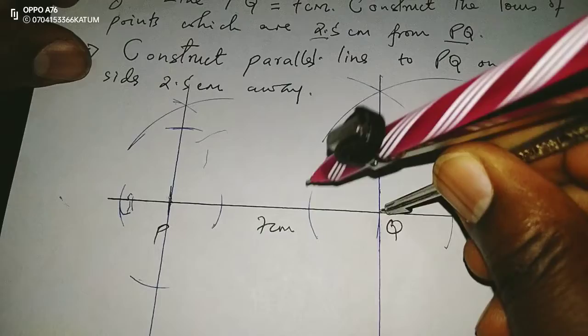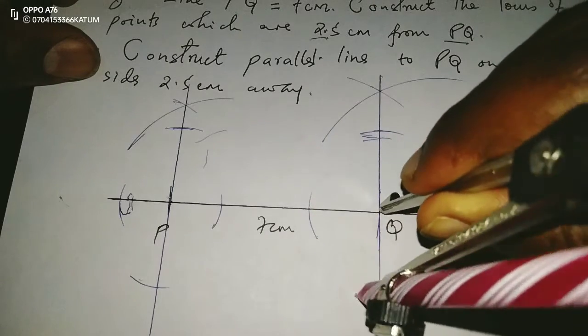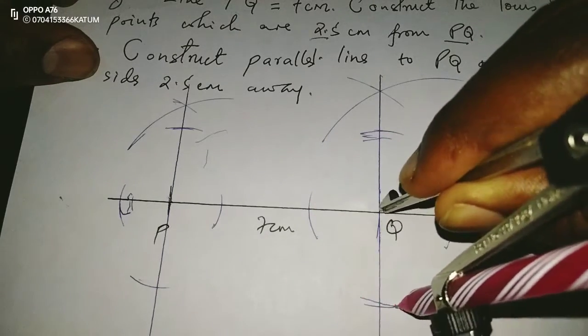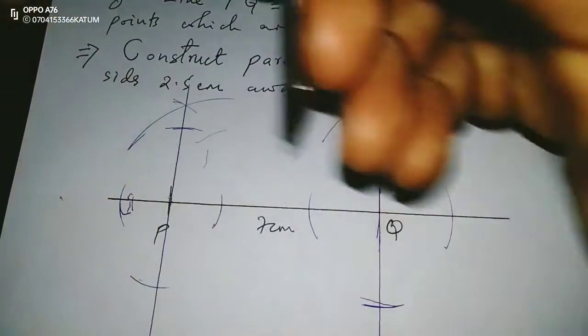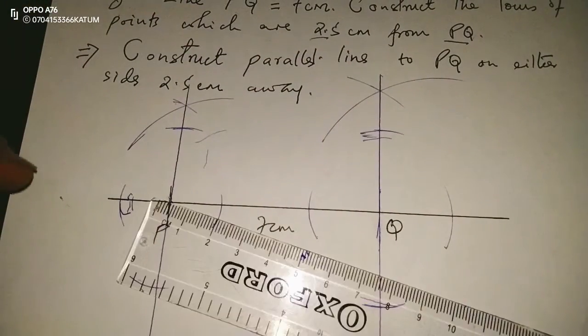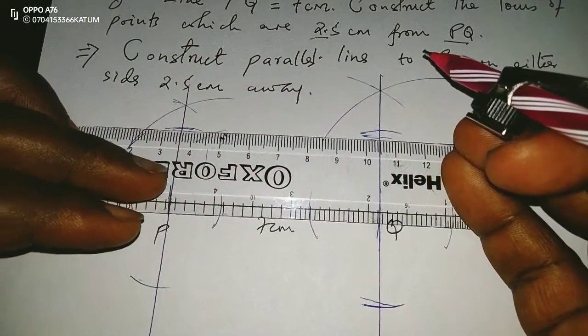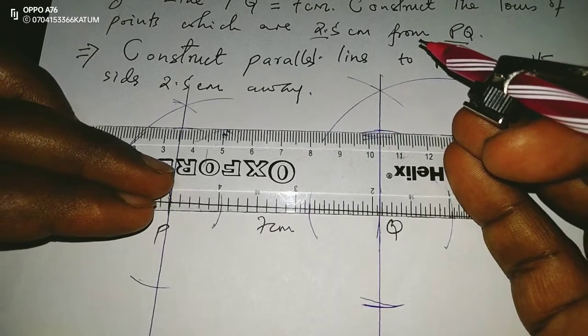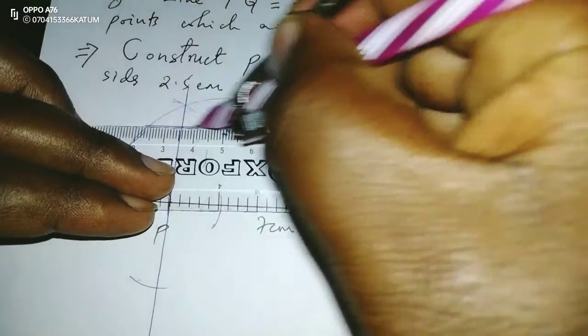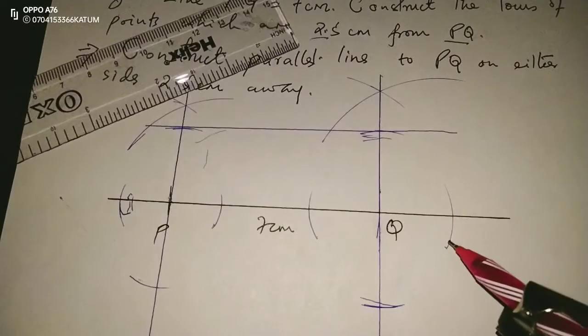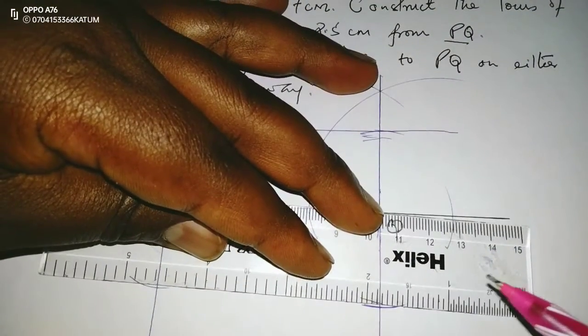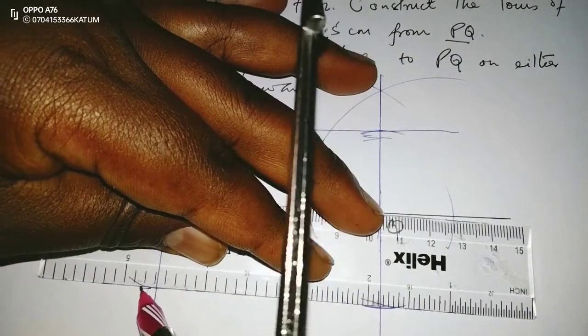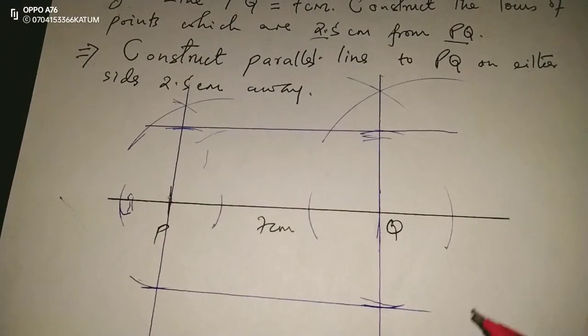I make an arc, and on the lower side, I also make an arc. Yes. So now I can join the arcs. The upper arcs, I join them. They will give me a straight line parallel to PQ. On the lower side, I join the arcs. They give me a straight line on the lower side.